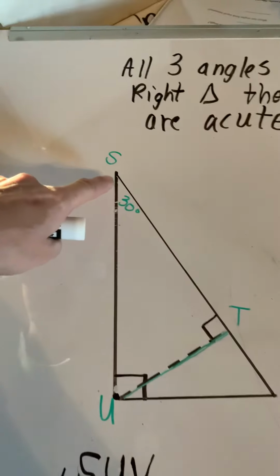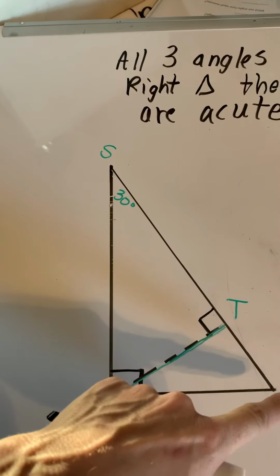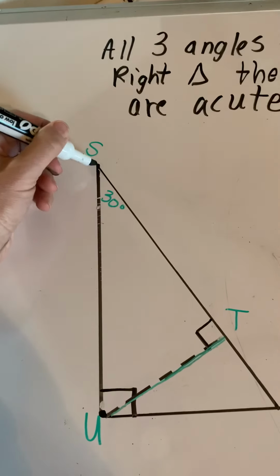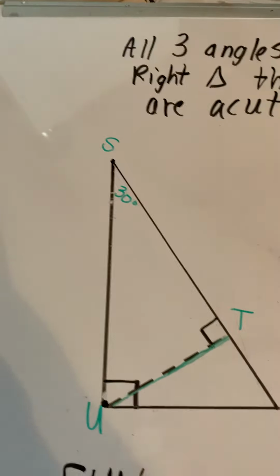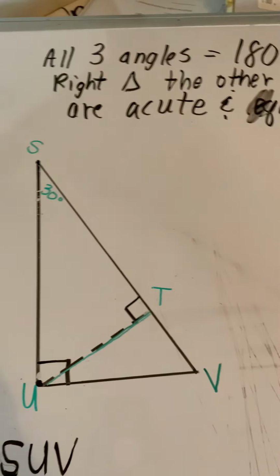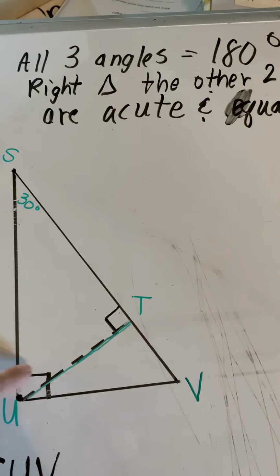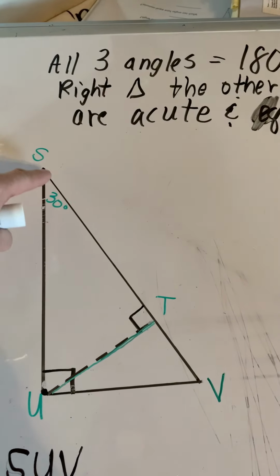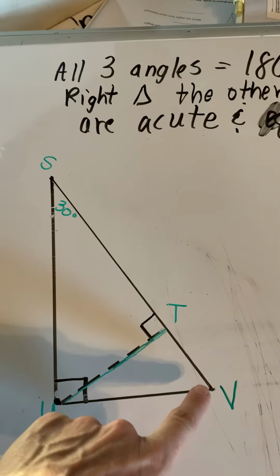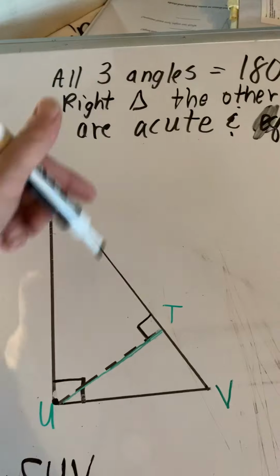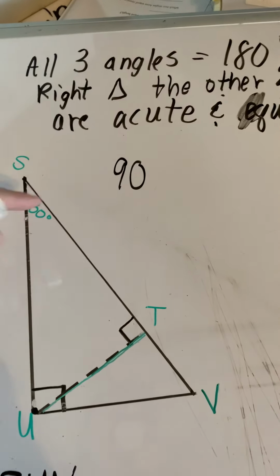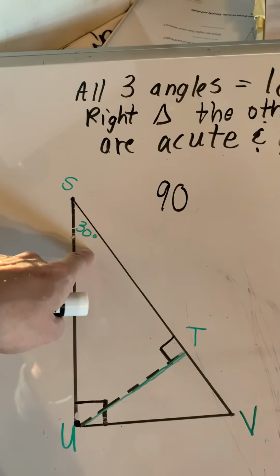And we know that angle USV, so this angle here, is 30 because I wrote it there. So then we know that if this is a right angle, it's 90 degrees, so the other two angles, this angle and this angle, have to equal what? 90, right? So we know one of them is 30.